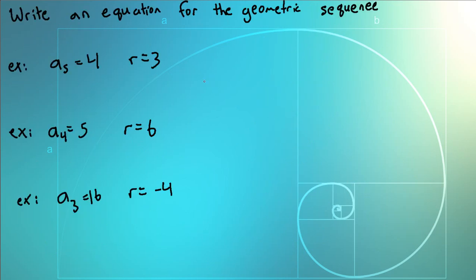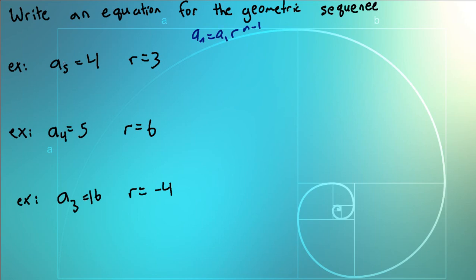Okay, let's take a look at the next one. So write an equation for the geometric sequence, but notice this time I don't know what the first term is in each of these. Now, I could count back from the ratio, but I think that's cumbersome. So what we're going to do is write our formula for the geometric sequence, which is this.